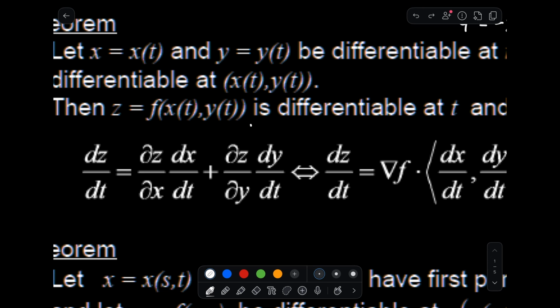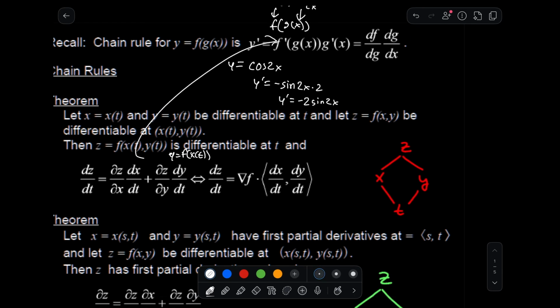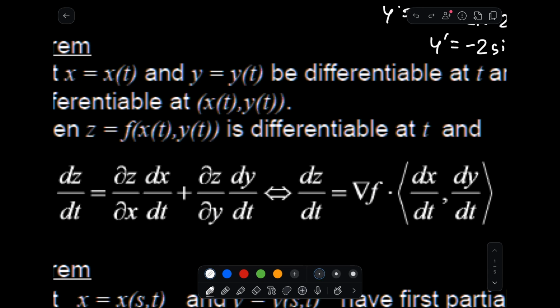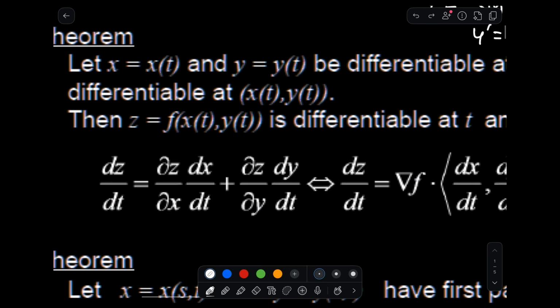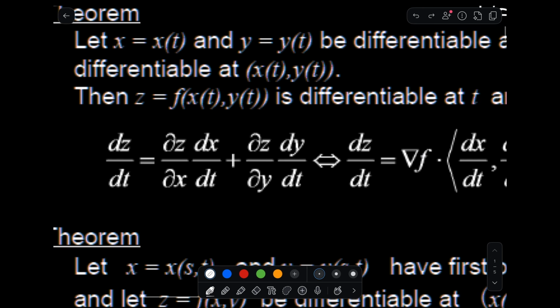In single variable calculus, it would be like something like this, y equals f of x of t, which then you could say, let's rely back on this chain rule up here. In this class, we can't say the same thing, so we have to take the partial instead. And this right here is dz dt, not del z del t, because z only is changing by one single parameter, one single variable, which is t, right?